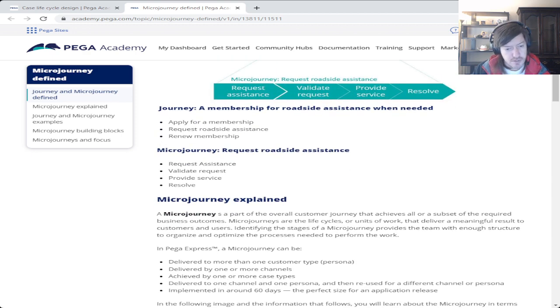Microjourney, okay, no problem there. A part of the overall customer journey that achieves all or a subset of the required business outcomes. Microjourneys are the life cycles or units of work that deliver a meaningful result to customers and users. Identifying the stages of a microjourney provides the team with enough structure to organize and optimize the processes needed to perform the work.